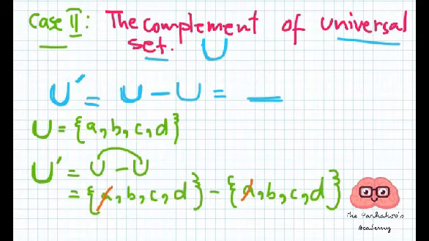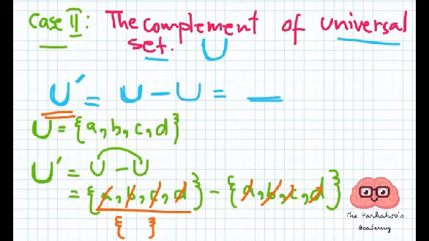So we have A common, B, C, and D. So we are left with no element here. So we have got the null set. So whenever we have U complement, that is U minus U, we always end up getting the null set.